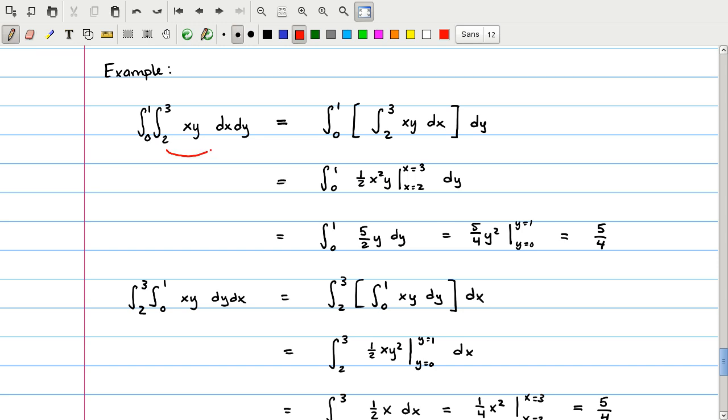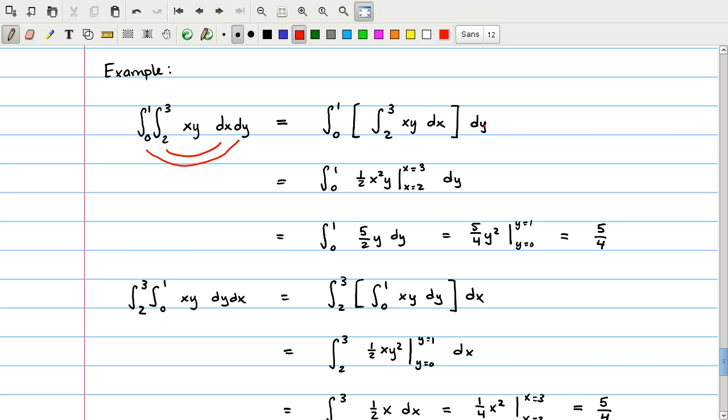So x goes from 2 to 3, and y goes from 0 to 1. Whatever your y limits are, if your integrals go x, y, then your d should be dy dx. Here it's implied that we're going integral over y, integral over x, and so then we work our way back out dx dy. In any case, let's do it.